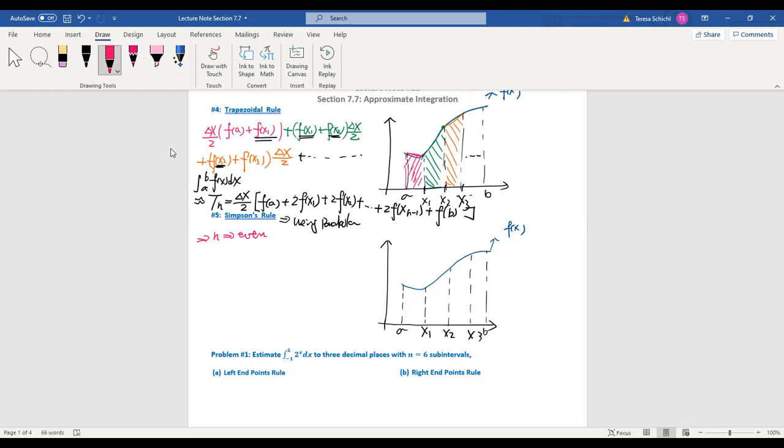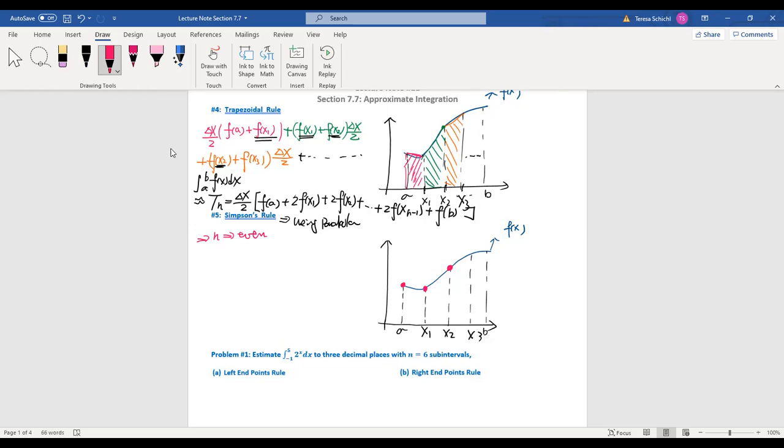The Simpson rule says I'm going to use 3 points, because I know 2 points determine a line, so 3 points are going to determine the curve here. We use the quadratic, which has 3 variables, so we need 3 points to solve it. So this is the 3 points. That's why I have to use 2 intervals, right?